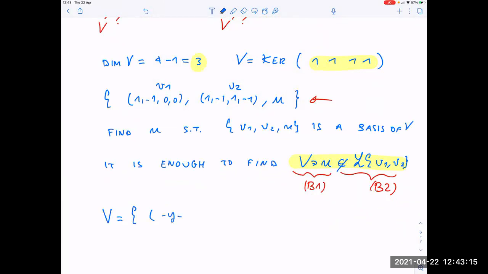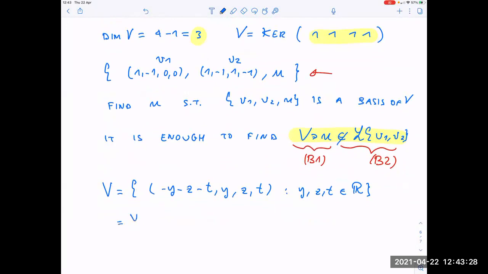So this is minus y minus z minus t, y, z, t, such that y, z, t are real numbers. So by following the procedure that now we know very well, I just set one free variable equal to 1, all the rest equal to 0.